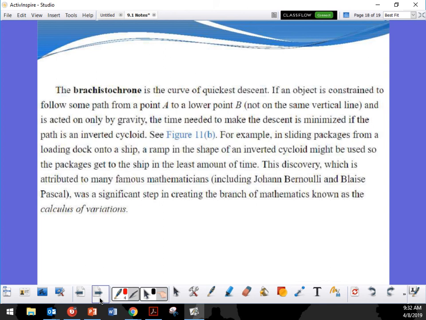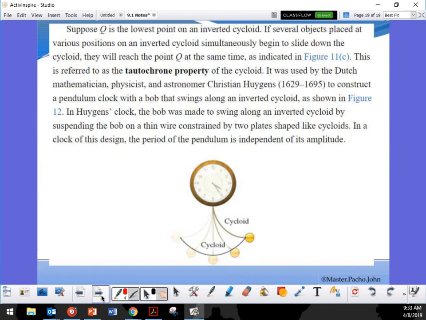This discovery was introduced from a problem of sliding packages into a loading dock onto a ship, and many famous mathematicians, including... Okay, there we go, we're reading what is written. Cycloid. Why is it so bendy?